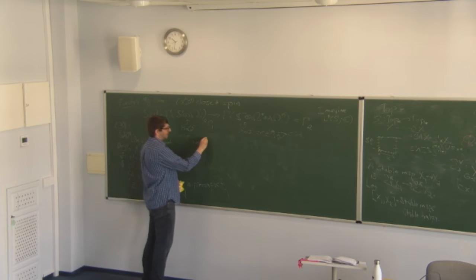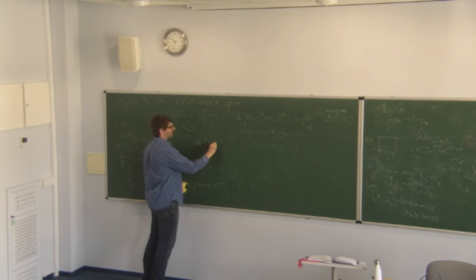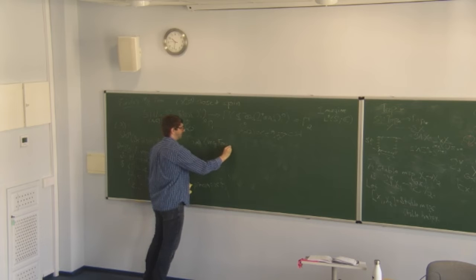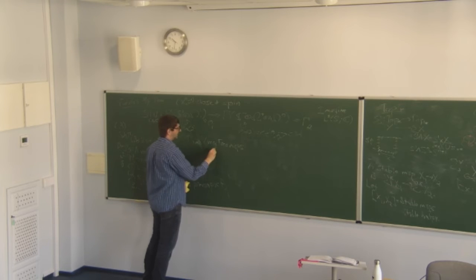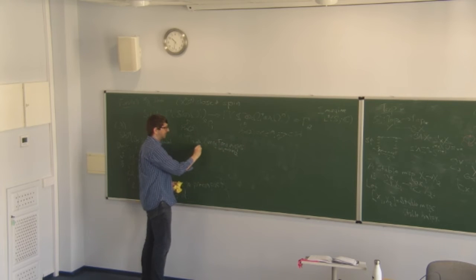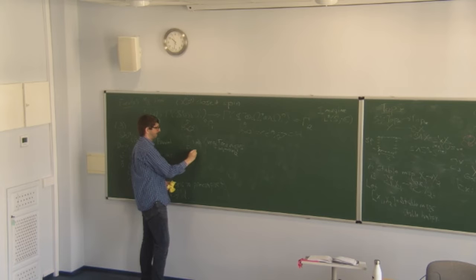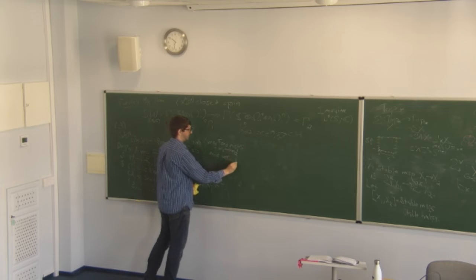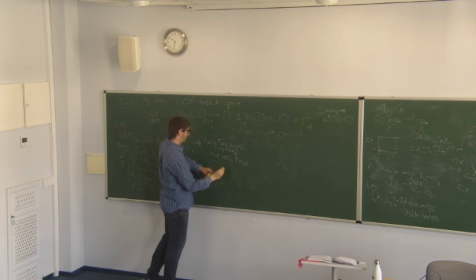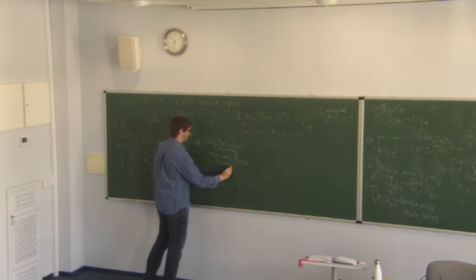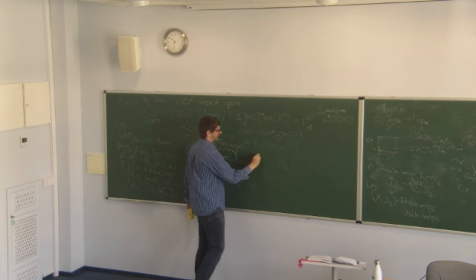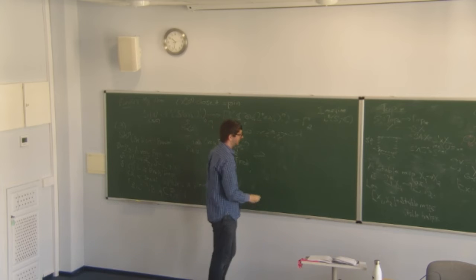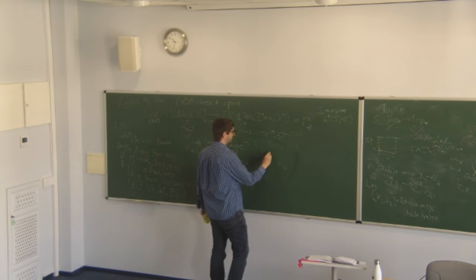So theorem: very Fredholm maps H1 to H2, where these are both G representations, modulo very Fredholm homotopy, are in one-to-one correspondence with stable maps.